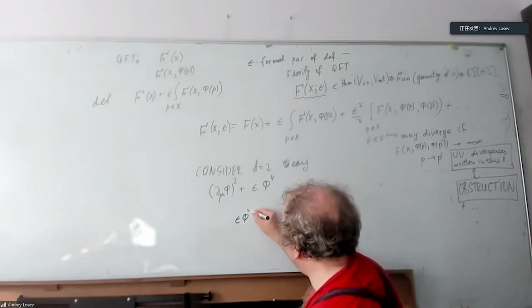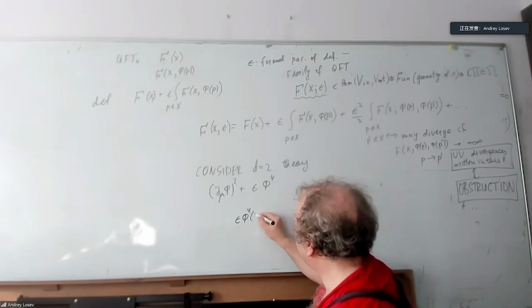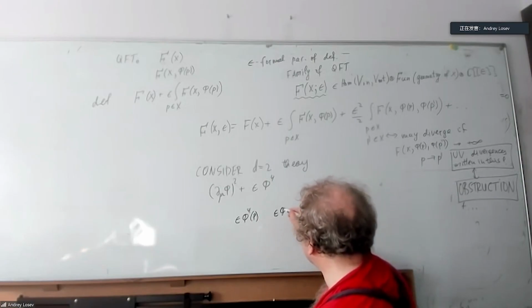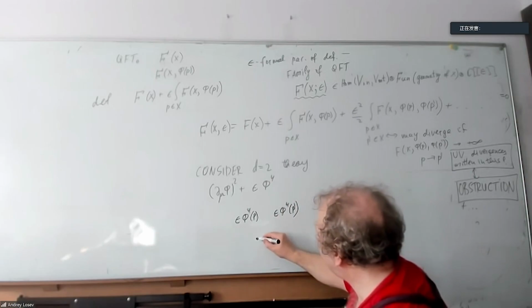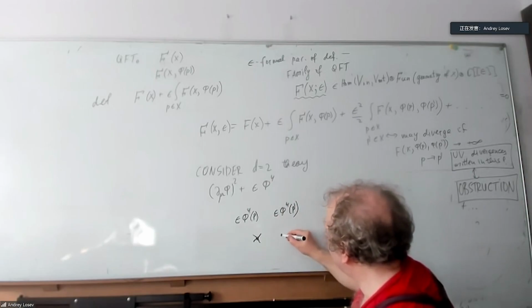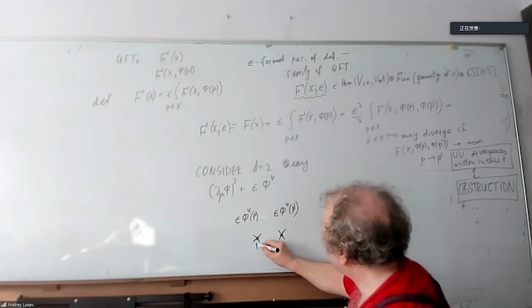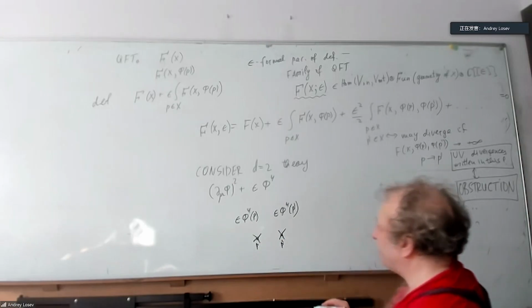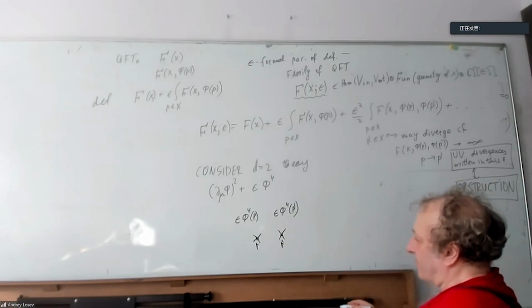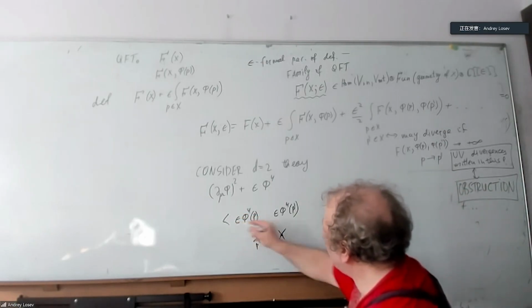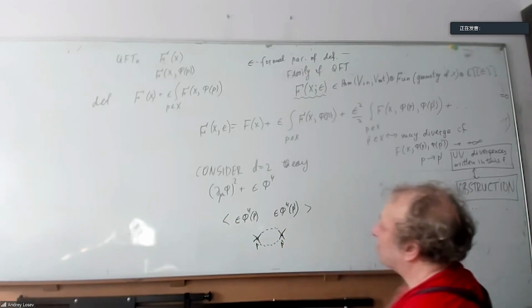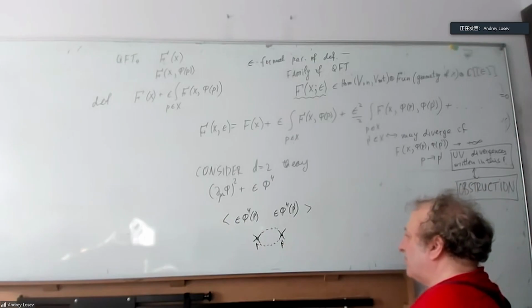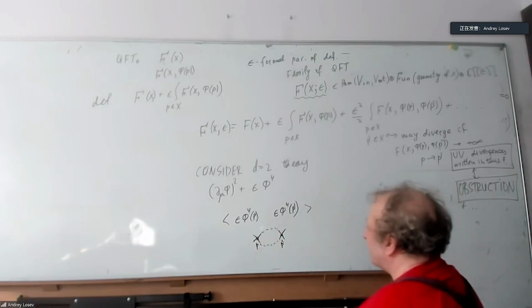Now we have phi to the power 4 at point P and phi to the power 4 at point P prime. And we denote them like this. Here I have P, here I have P prime, and it happens under a correlator. So then what I'd like to do, I need to put here a propagator.